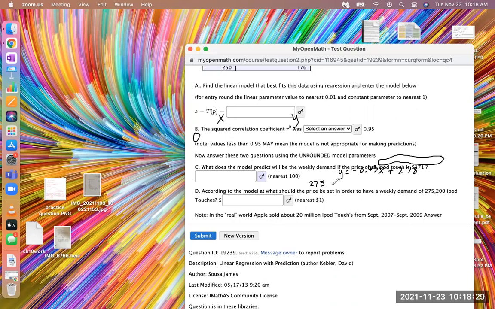And I believe we want to plug it in as in thousands. So the 275.2. Because this is the actual number, but when we're plugging into the formula, we're writing it in the number of thousands.